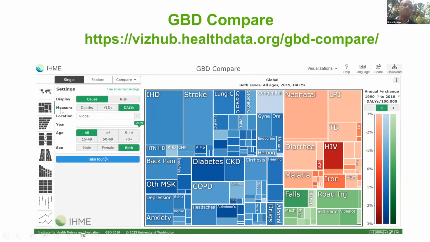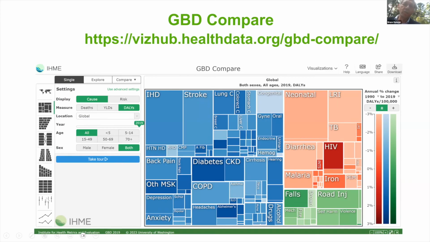There are various measures that can be expressed: deaths, YLDs, YLLs, DALYs, incidence, prevalence, estimates of the prevalence of risk factors. You can do it for overall, for regions, for countries, for states in the countries that have broken down into states. You can do it for a given year. You can do it for an age strata, for men, women, or both.